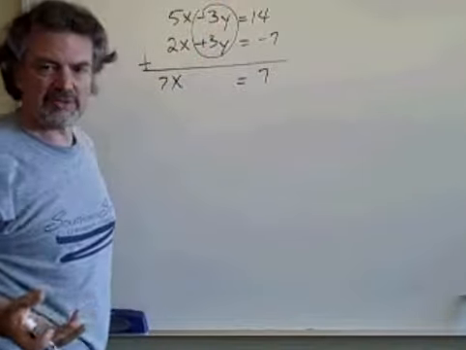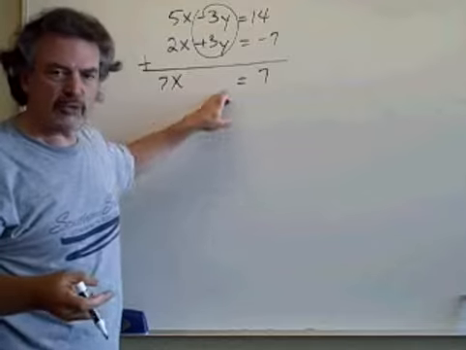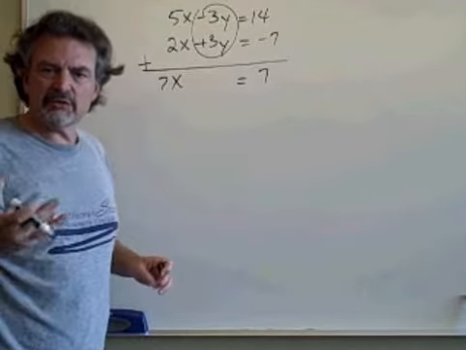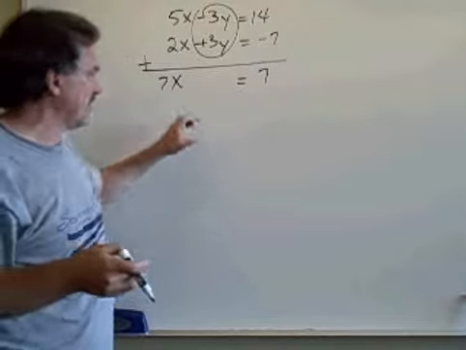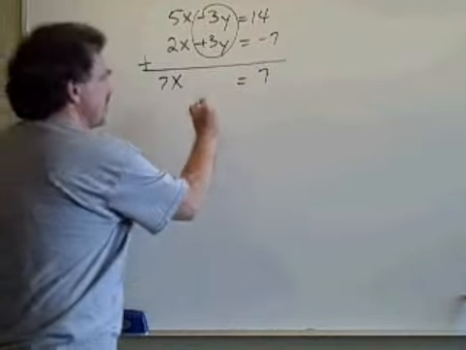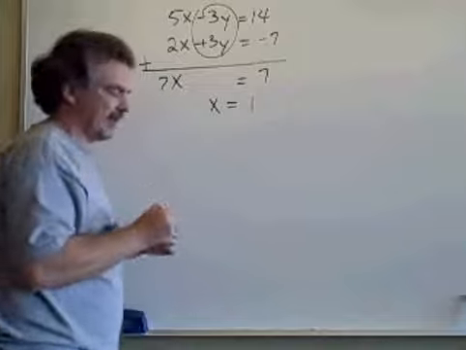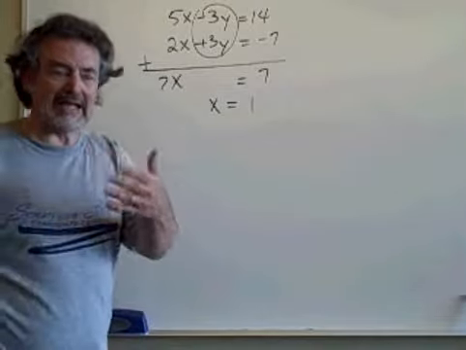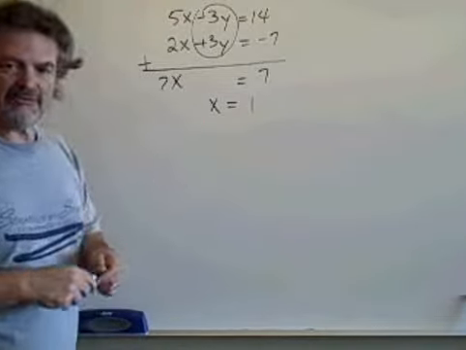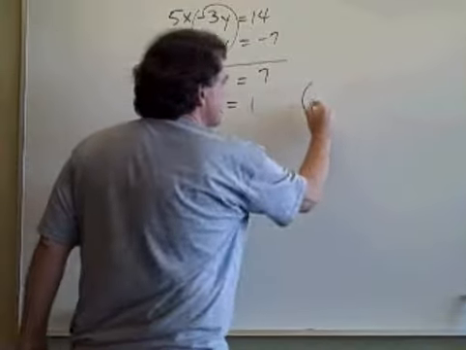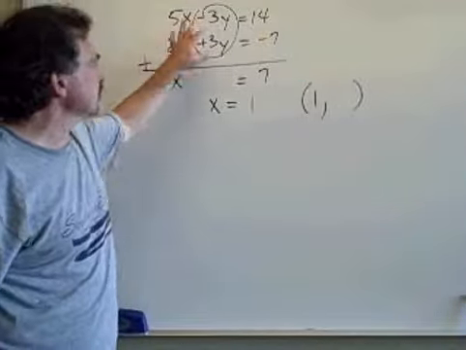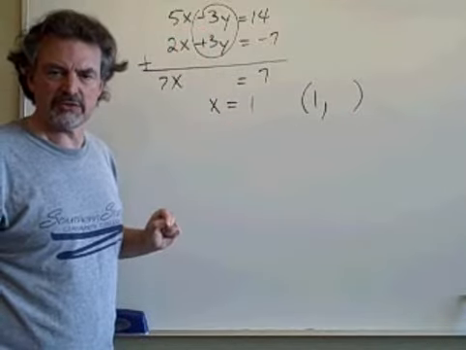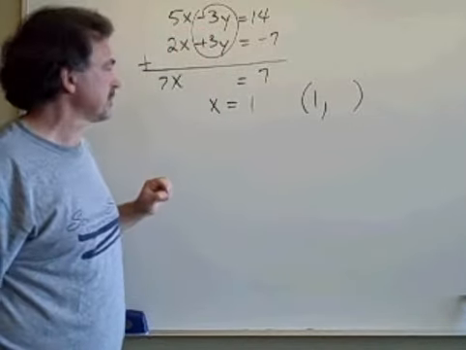Those terms added up to 0, and look what it created for me. A linear equation in one variable, which I can solve by dividing both sides by 7. So x equals 1. And I have found the x value of the ordered pair that is a solution for both equations. That is the solution for this system.